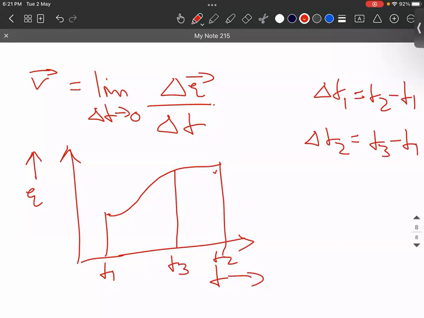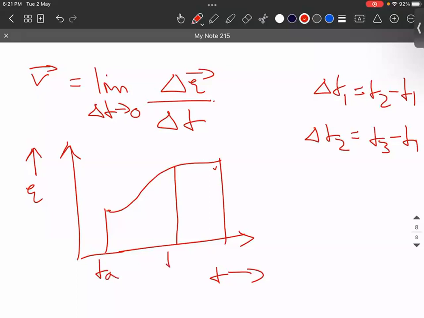For the sake of not confusing you with numbers, let me use notations: TA, TB, TC. So what is this one? TC minus TA. This is going to be TB minus TA. Understood, no? Which one is a bigger delta T? Delta T1 is a bigger change than this one.